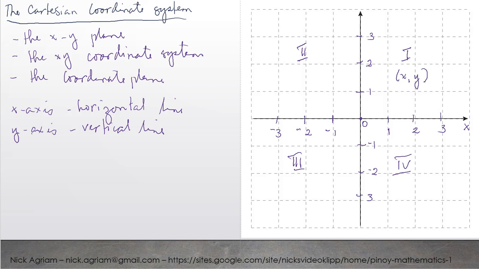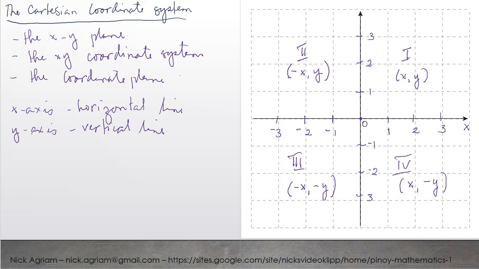The second quadrant is negative x and positive y. The third quadrant is negative x and negative y. Both x and y are negative. And on the fourth quadrant, we have positive x and negative y.